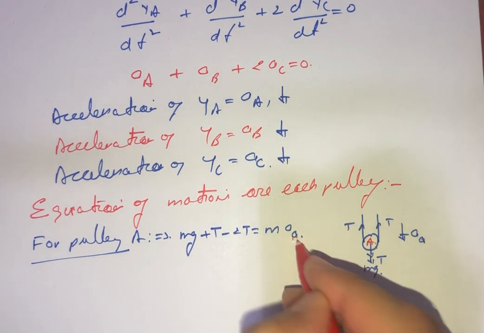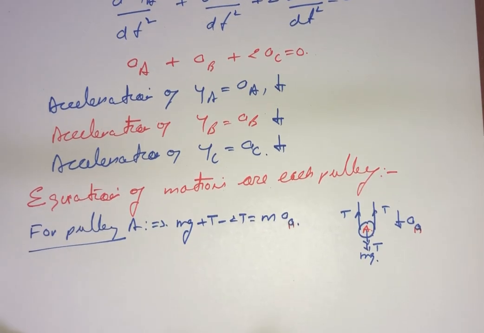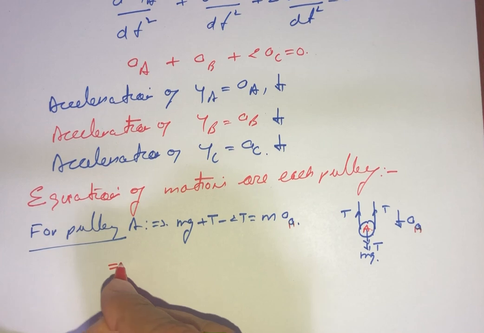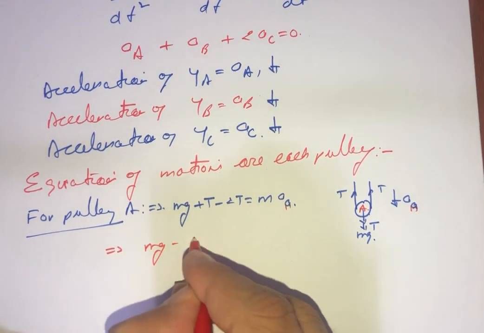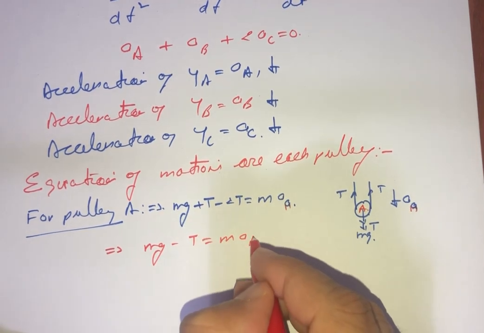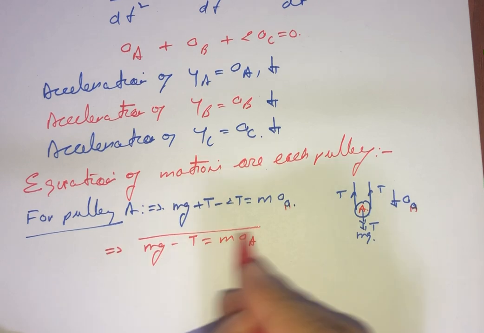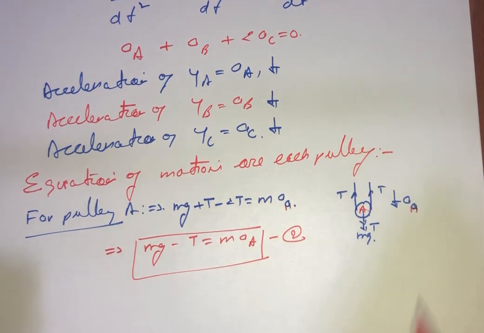This is capital A, sorry, AA. So from here we are going to get the equation mg minus T is equal to m AA. Okay, so let this be equation number 2.